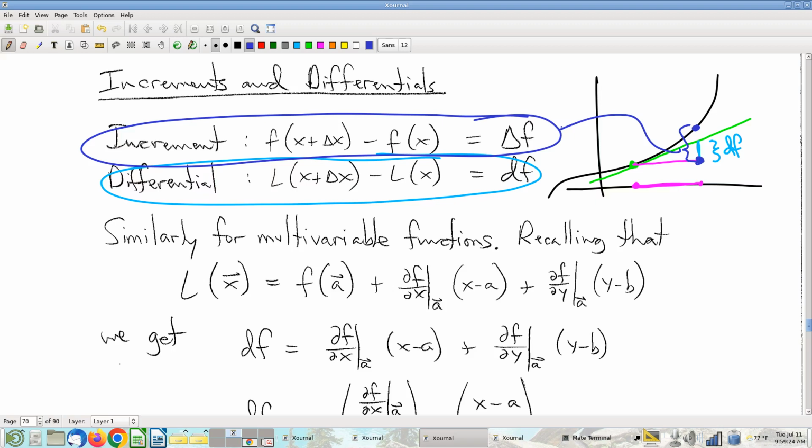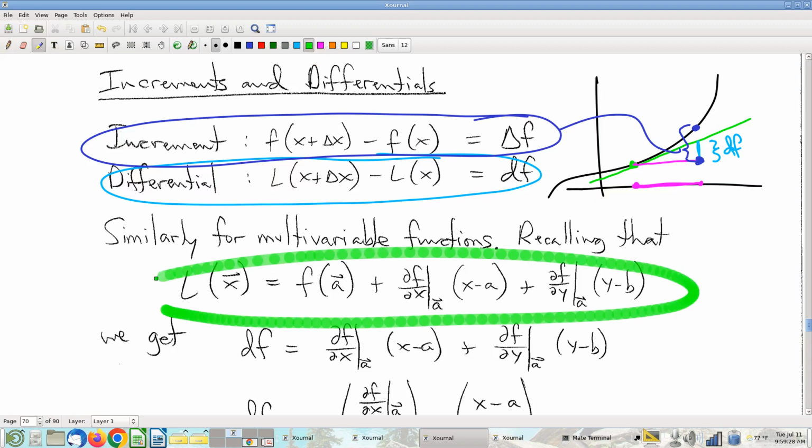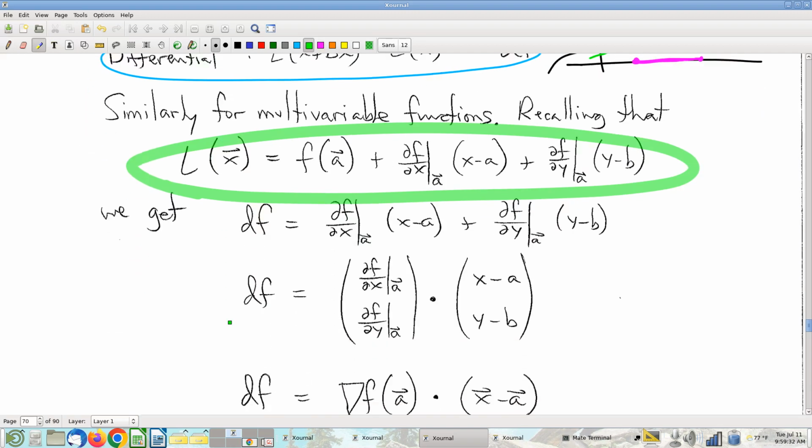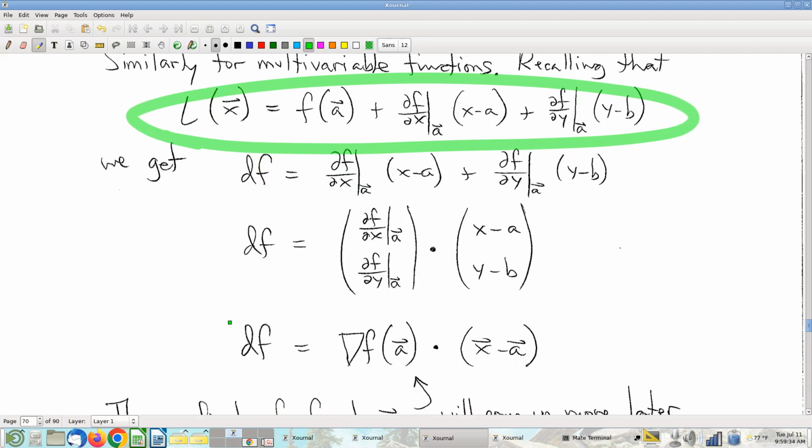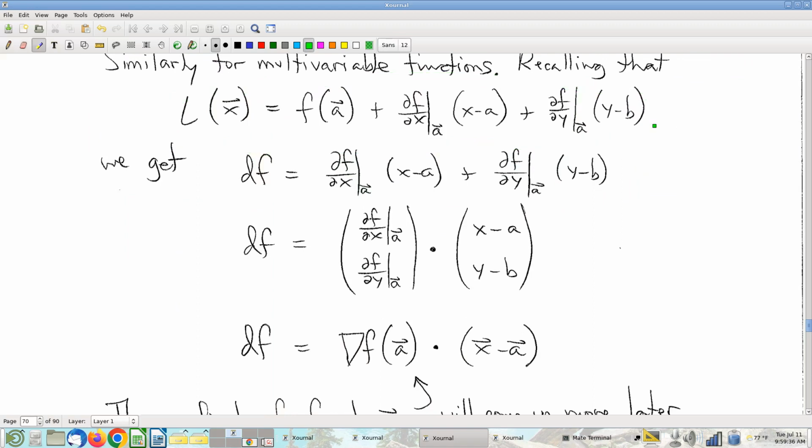So, okay, that established, recall that we have this formula for the linear approximation. And a pretty easy little adjustment is to take the value of the function and move it over to the other side of the equation. That gives me L of x minus f of a, in other words, L of x minus L of a. In other words, the differential.